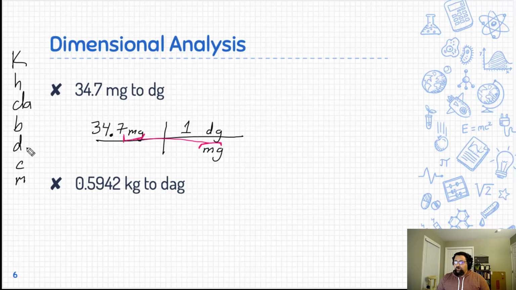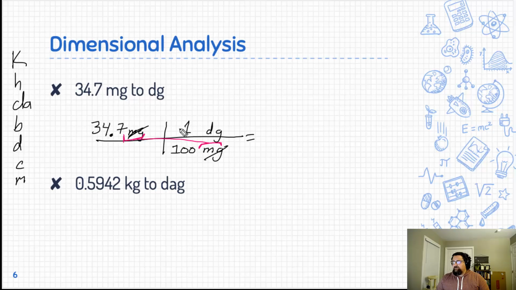Every time you go up, you're going to do one multiple of 10. So from milli to deci, you go up once, that's 10. Twice, that's 100. And so we put in here a 100. If you were going to go up higher from milli, it would be 10, 100, 1,000, 10,000, you keep going. And now you just solve. As we said, milligrams is top and bottom, so it cancels out.